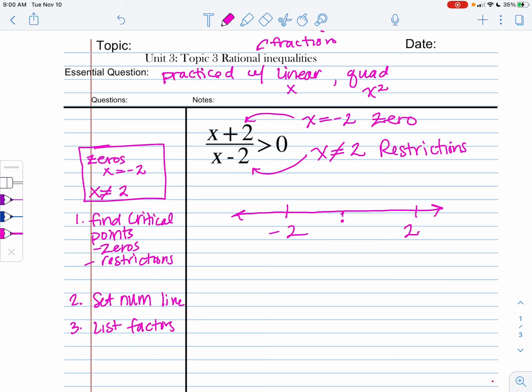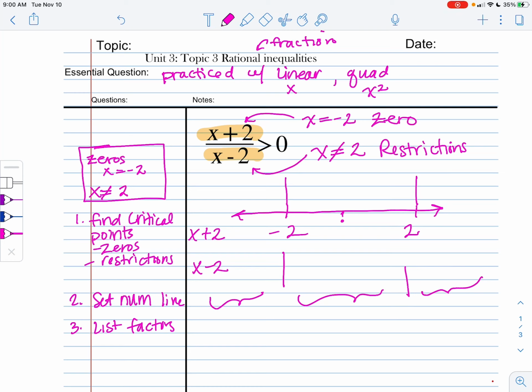Every factor that is in here, now there's only 2 up here, every factor needs to be listed. And remember, we're splitting this into like 3 chunks, right? Like this chunk, and this chunk. So don't put your factors too close here. So x plus 2 and x minus 2 are my 2 factors that I found in my rational equation.